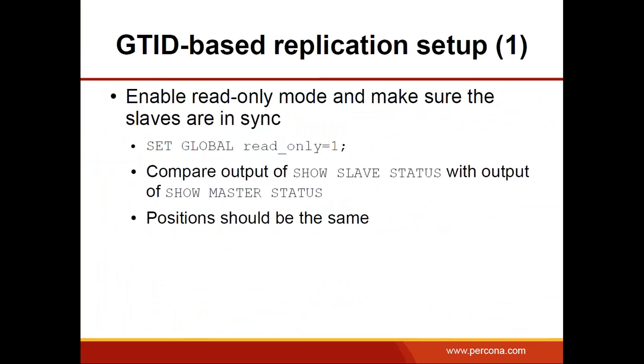The first thing you have to do is to stop the writes on the master. So for instance, with set global read-only equals 1, and make sure all the slaves are in sync. For that, you can compare the output of show slave status with the output of show master status on the master. If it's the same, well, the slave is in sync.